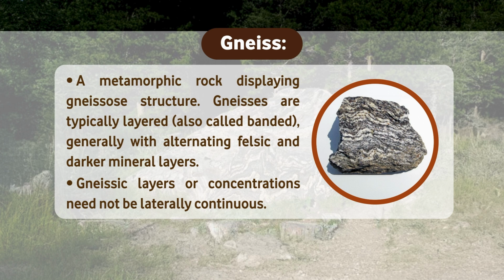The concentrations of these felsic and mafic minerals can vary, and laterally in this case you can see that this is a continuous layer of white and dark colored minerals, but here it is submerging towards this end. These concentrations need not be laterally continuous, but gneissic rocks very clearly can be seen from a distance because of these bandings. And there are a lot of localities known for gneissic rocks all over India.